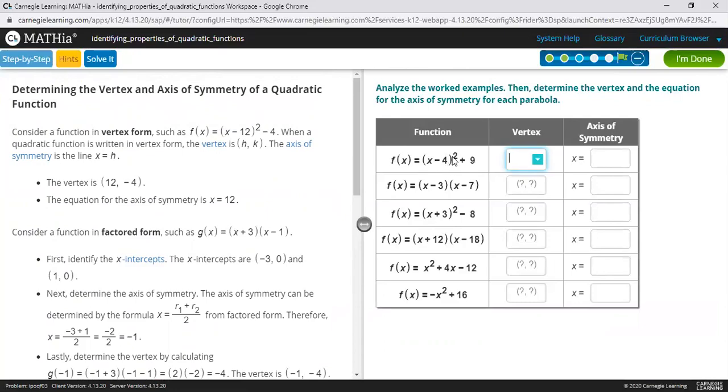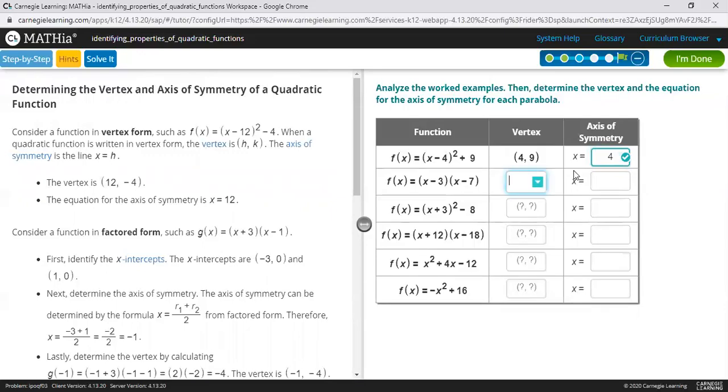So the vertex in vertex form is going to come right from my h, k here. So I have an x minus 4, that's going to be +4, and then +9, that'll be a +9 there. And then my axis of symmetry is going to be the x value of that vertex, x equals 4.